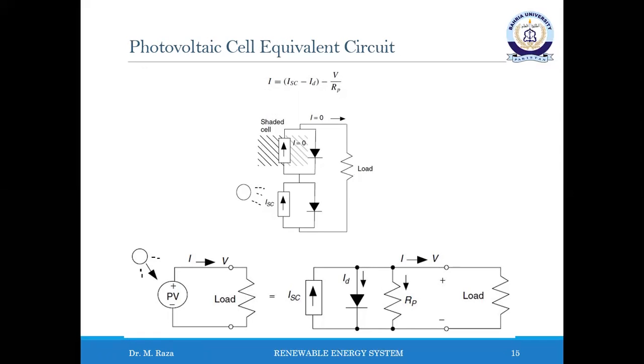In our simplified equivalent circuit for the shaded cell, the current through the cell's current source is zero and its diode is back biased, so it does not pass any current either, other than the tiny amount of reverse saturation current. This means that the simple equivalent circuit suggests that no power will be delivered to a load if any of its cells are shaded.